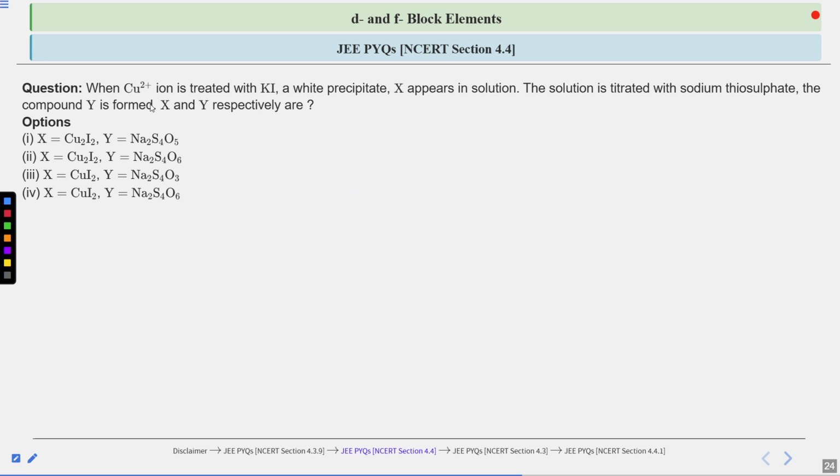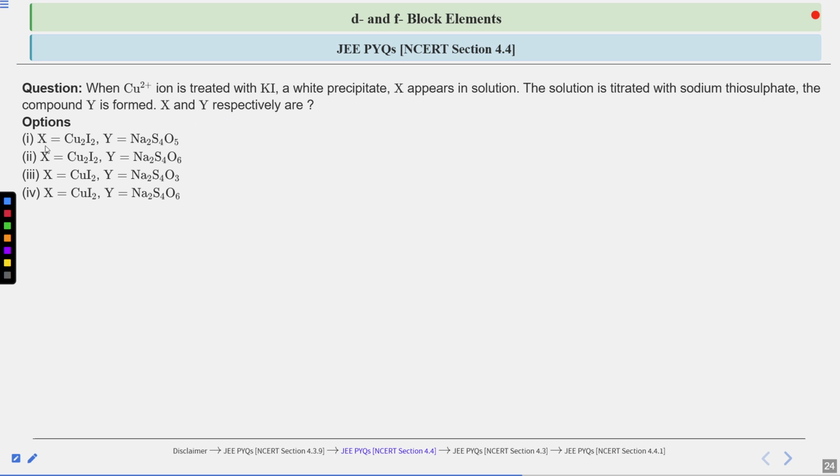So we are given that when the copper ion is treated with potassium iodide, you will get a white color precipitate, that is X. Now, that solution, when titrated with sodium thiosulfate, gives Y. You have to answer what X and Y are.